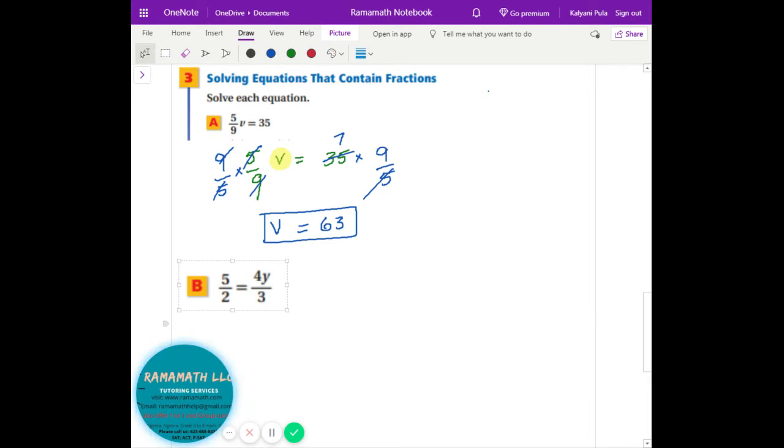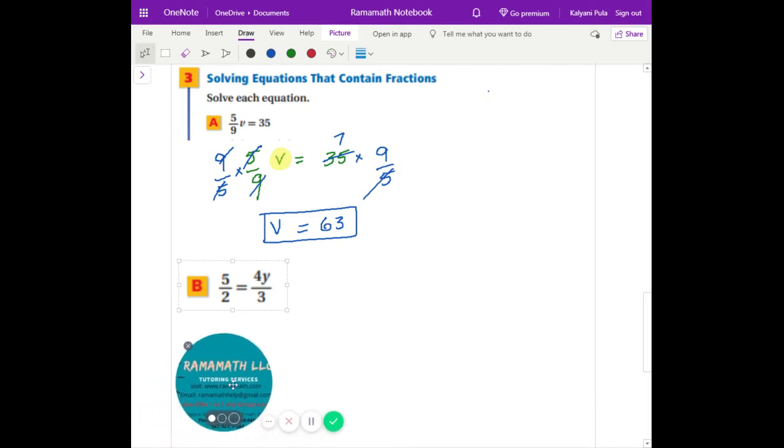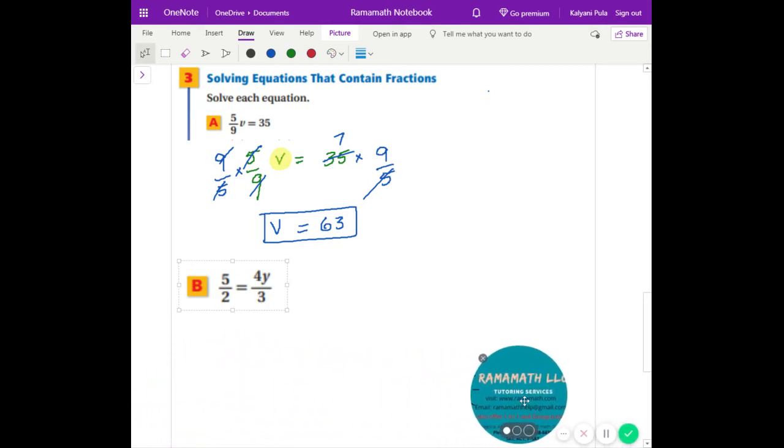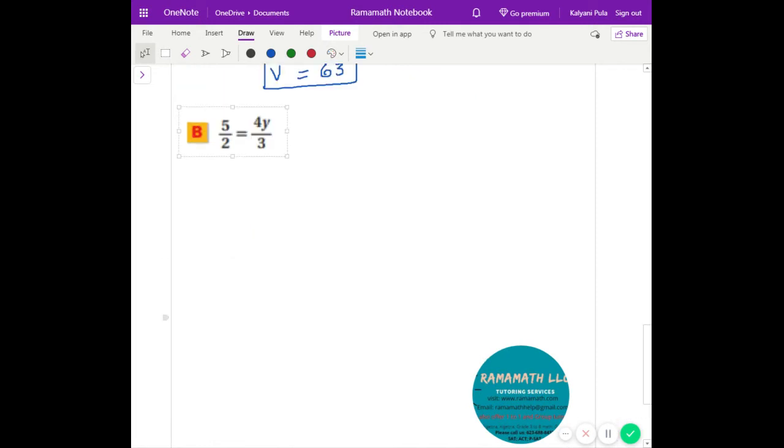Look for the variable, see how we can isolate the variable to get the answer. Let's try that. Now in this question right here, I see the variable is y.